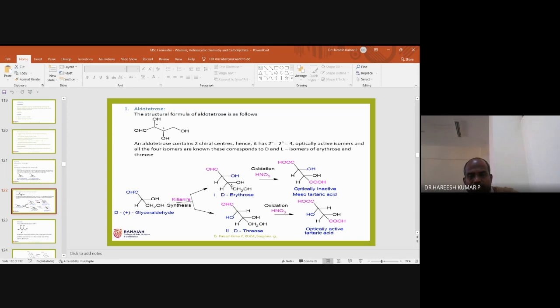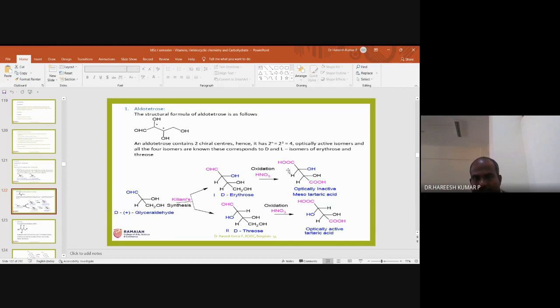Okay, once erythrose is formed, it is subjected to oxidation by using a mild oxidizing agent. So what will happen? The aldehyde group is converted into carboxylic acid. Similarly, the primary alcohol is converted into carboxylic acid.